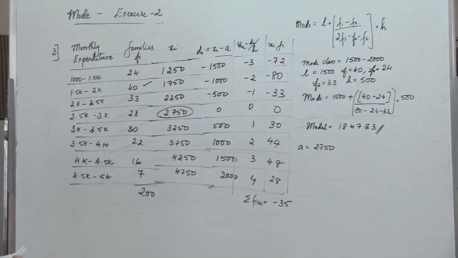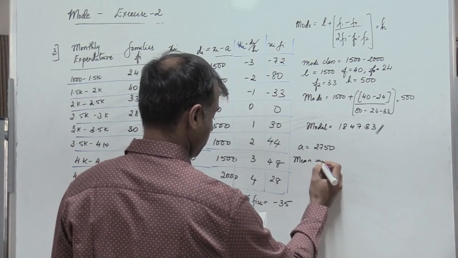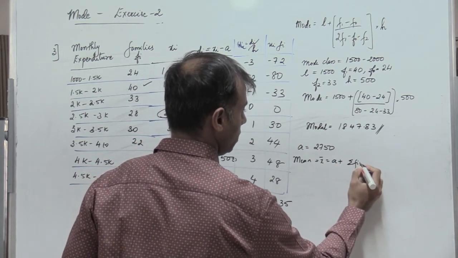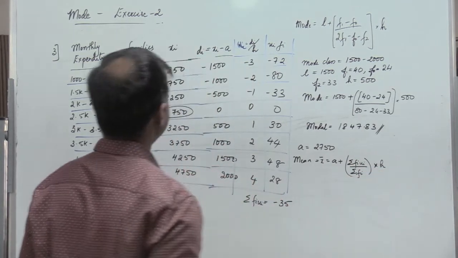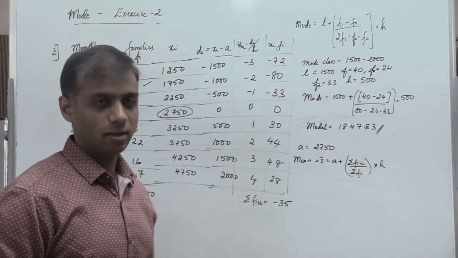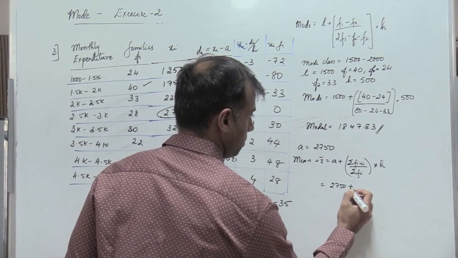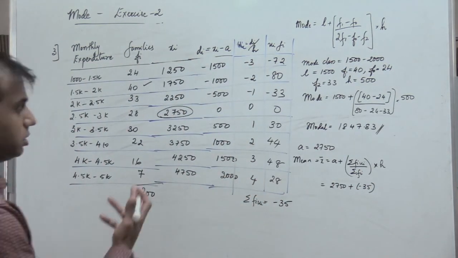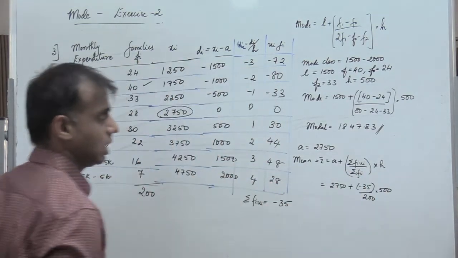To calculate the mean, we already know the formula. The mean value is A plus summation fi ui divided by summation fi, into h. Since we have subtracted A, we add A. We are dividing by h, so we multiply by h. So A is 2750 plus minus 35 divided by summation fi, which is 200, the total number of families, into 500, the class size.